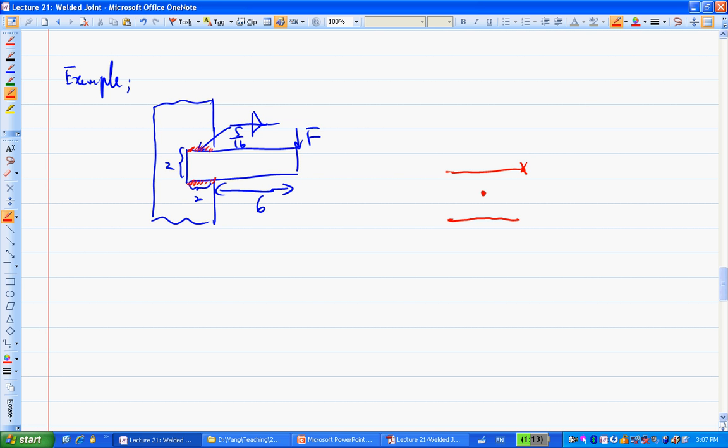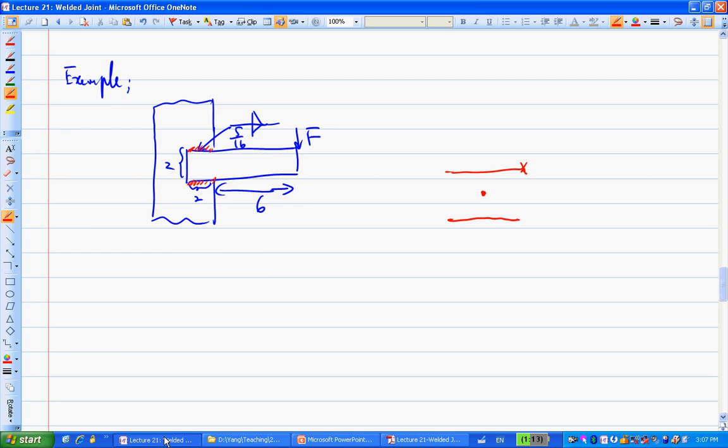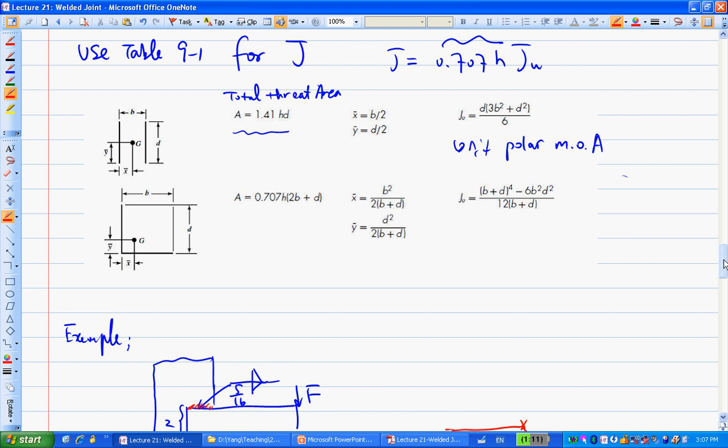So if I relate this to the diagram that we have here, this is a 2 vertical one.